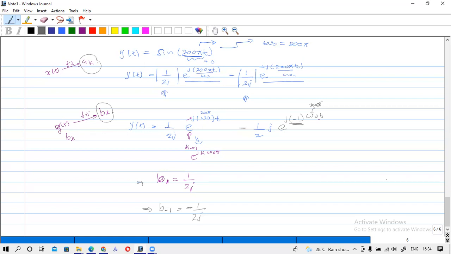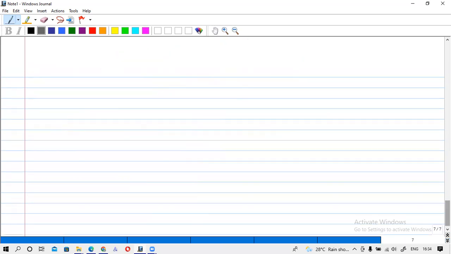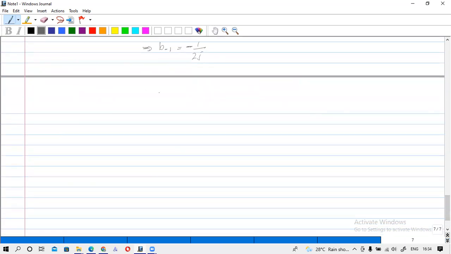Now say that we are given this kind of signal: z(t) is equal to 3x(t) plus 5y(t). If you take the Fourier series of z(t), let's say the coefficients are Ck.